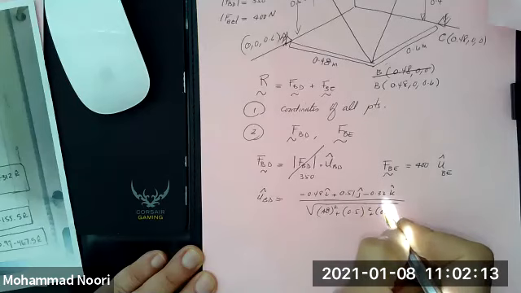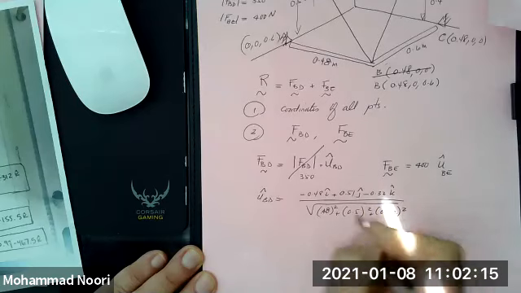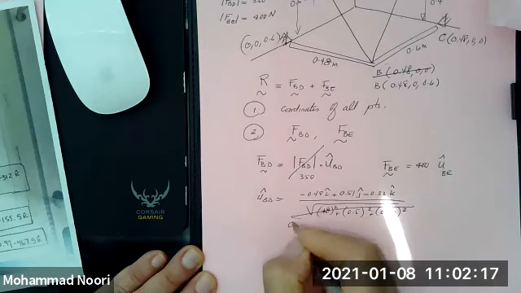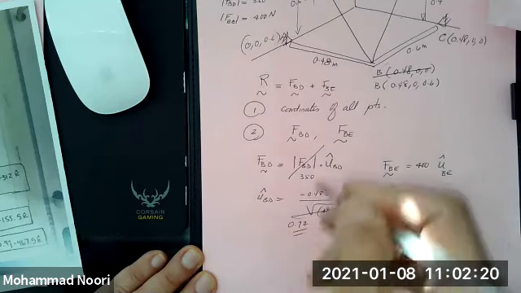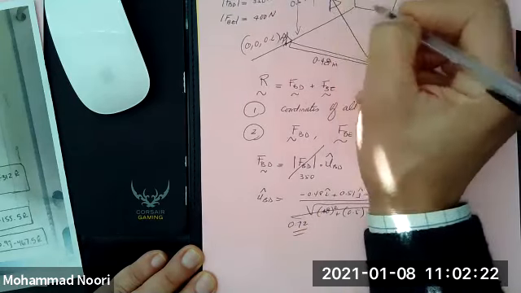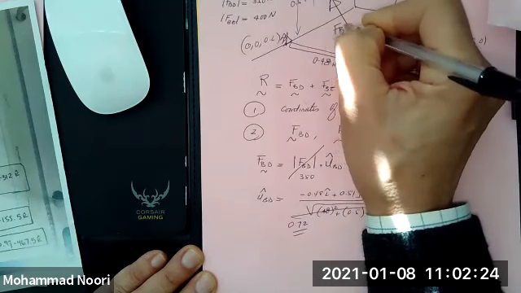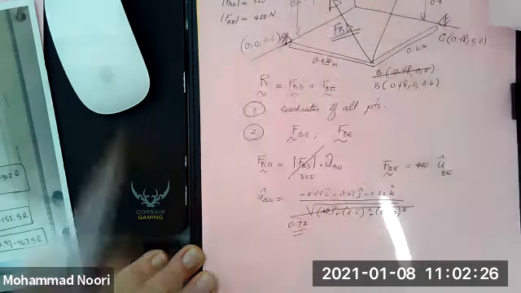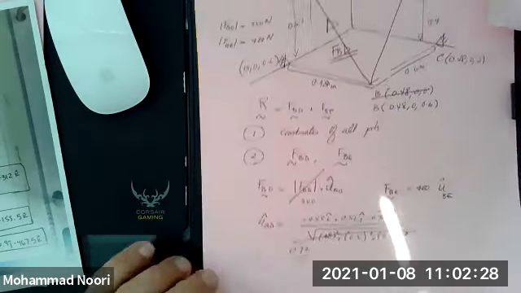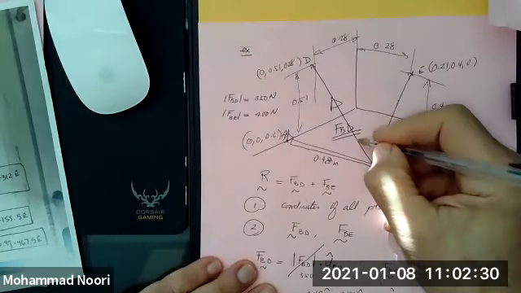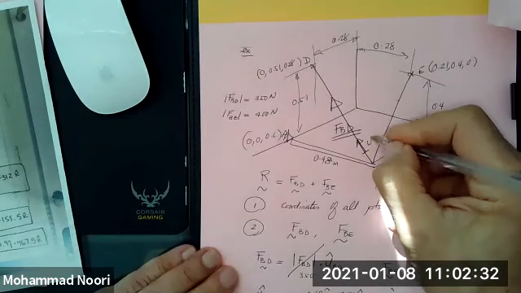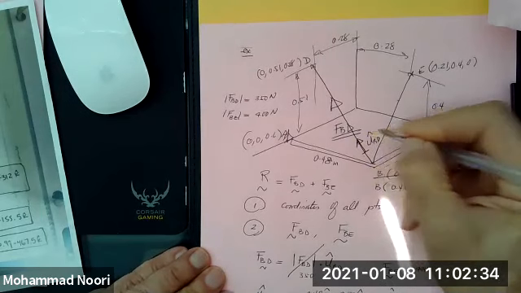The important thing here, which I want to emphasize, is that if you are considering the force BD in this direction, remember the unit vector should also be set up in the same direction.